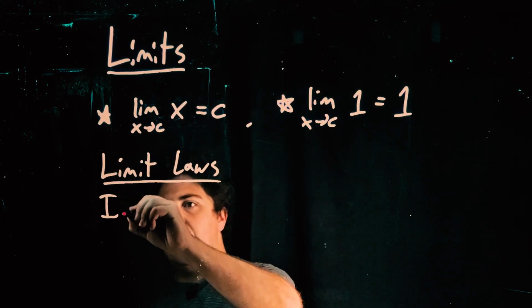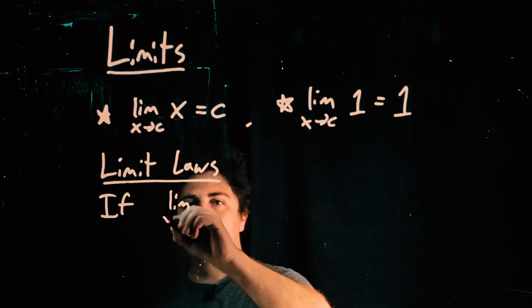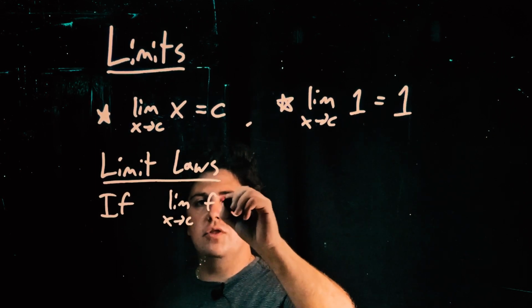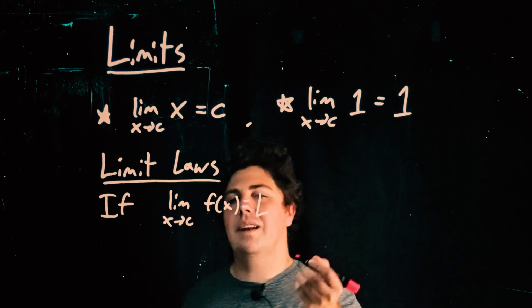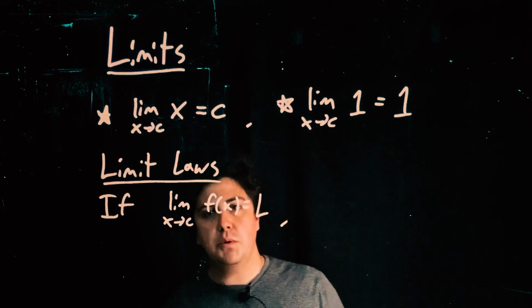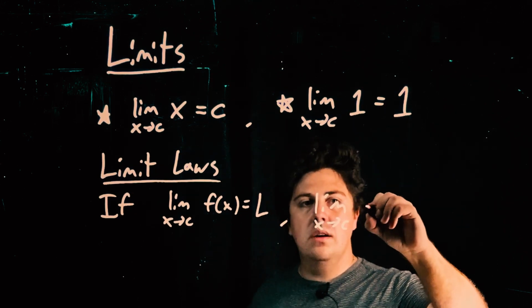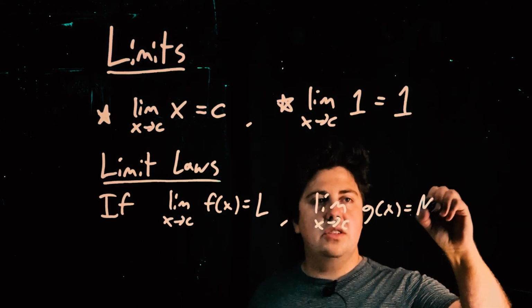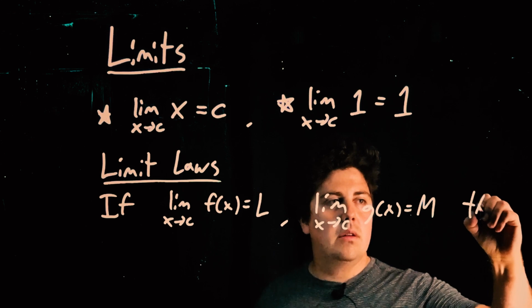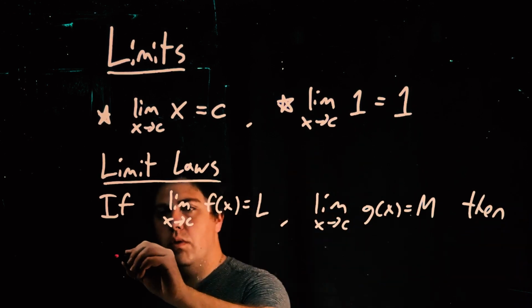They just say that if the limit as x goes to c of some function f of x, let's just call it L (limit starts with L, why not?), and the limit as x goes to a number c of g of x is equal to m, then a couple of things are true.